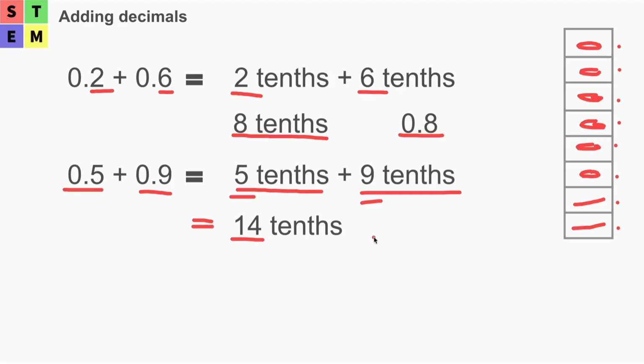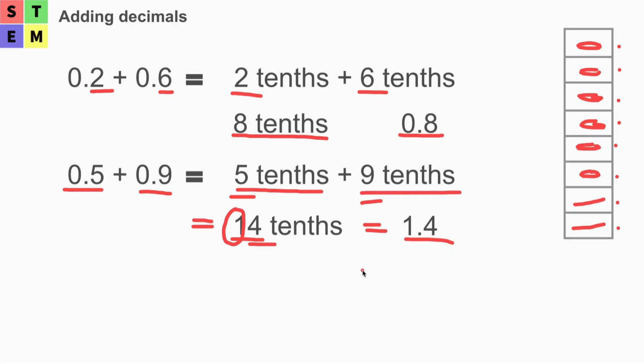Okay, so 14/10. We all know that 10/10 is actually 1, so what we've got left is 4/10, right? So that's 1.4.